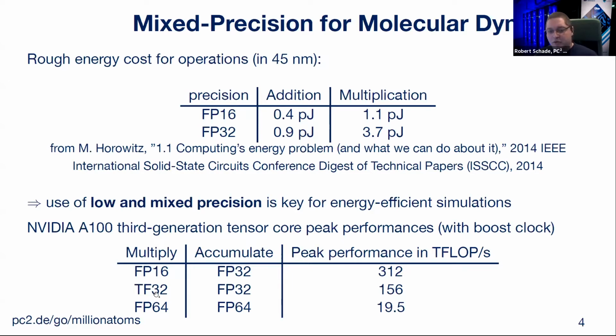If you go to higher precisions like the TensorFloat 32, which is similar to single precision, or to double precision, so FP64, this gets sequentially lower, so that at double precision you end up with a peak of about 20 teraflops. You can see that in order to do these large molecular dynamics calculations, we actually should care about mixed precision and come up with a way to do calculations with these operations.